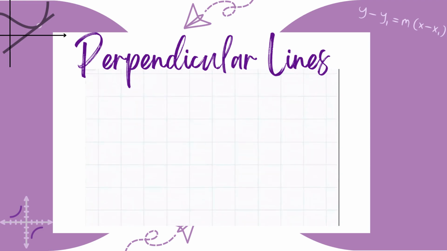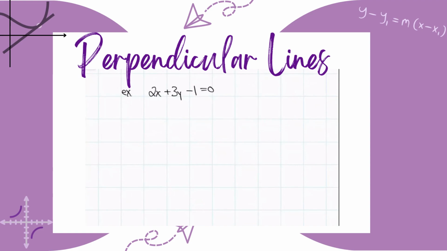So over here, let's do an example. Let's say we're given 2x plus 3y minus 1 equals 0. What's your slope?